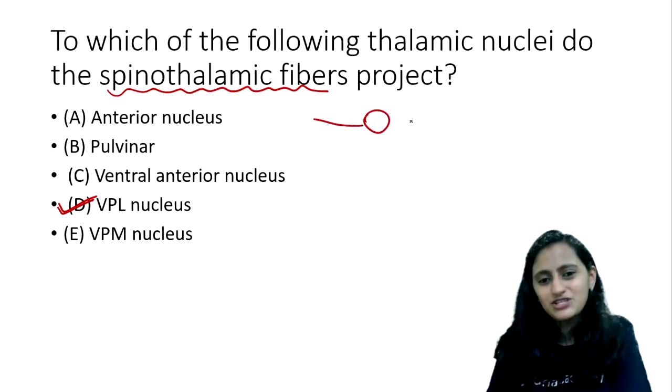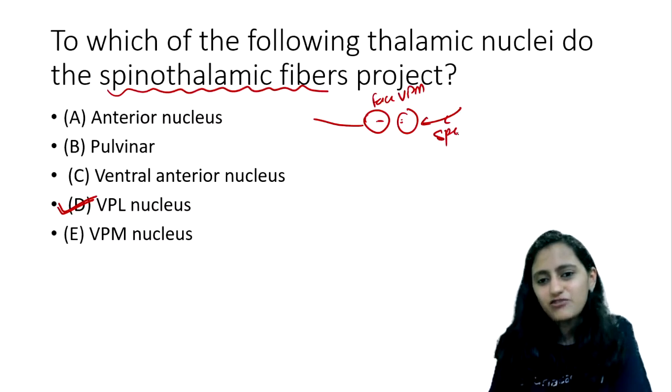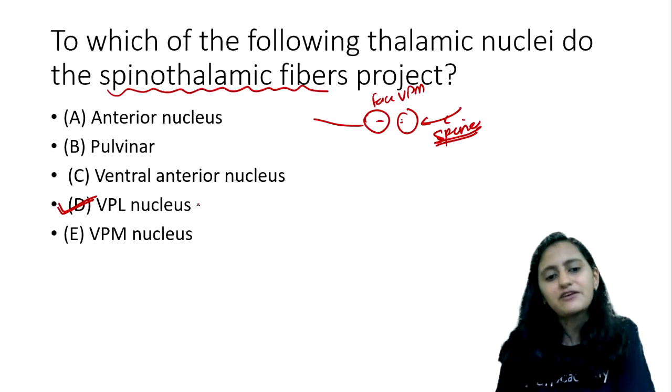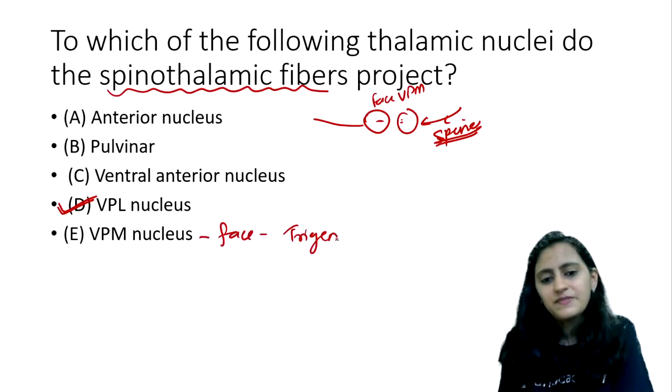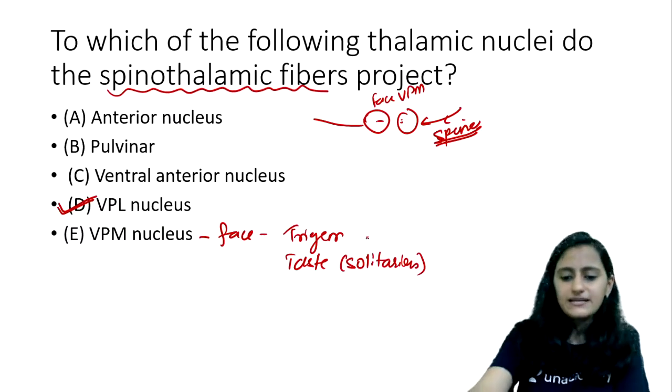So remember the image. Two persons here, the faces coming close together. So face is ventral posteromedial. Rest of the body, that is from the spine. So spinothalamic is in the ventral posterolateral. Your face, that is trigeminal, and the taste, that is the solitarius tract, go to the VPM, right?